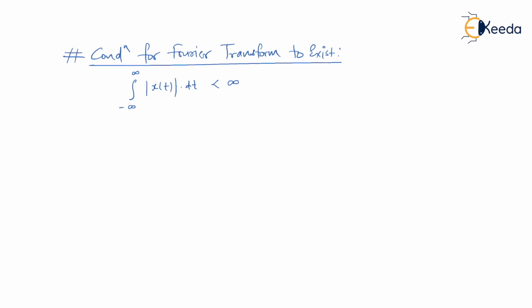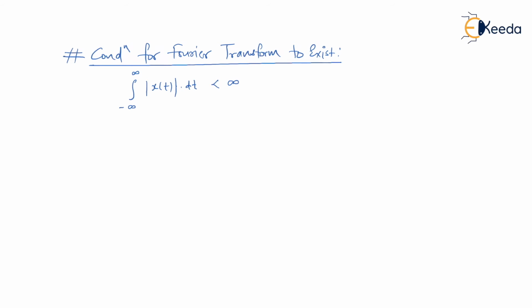And you know what? In mathematics, having an integration is nothing but having area under the curve. It means that the given x of t should be absolutely integrable, or the area under the curve of x of t should be less than infinity. So it should be finite.